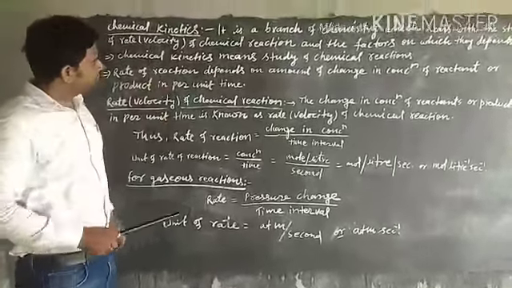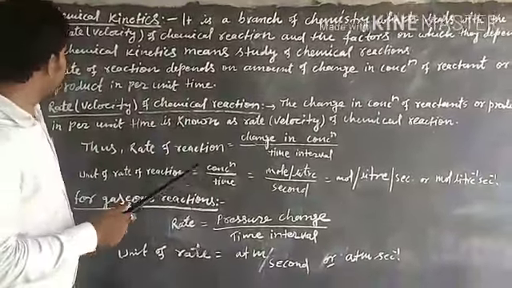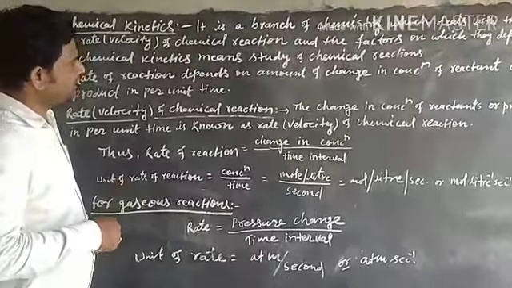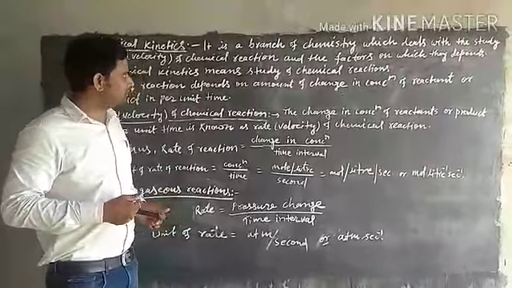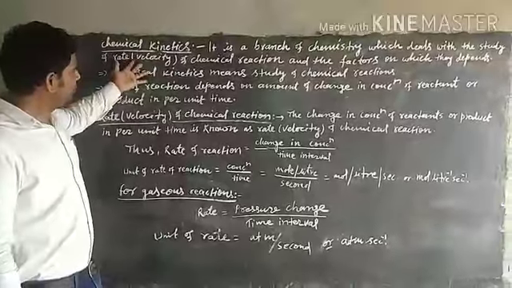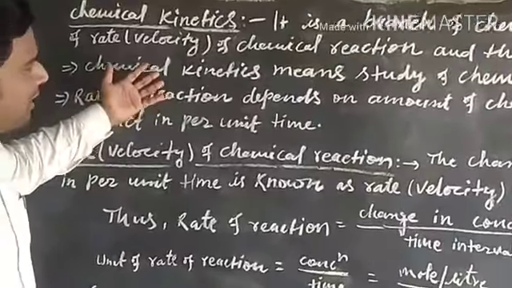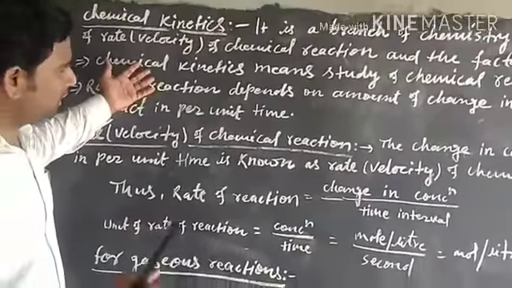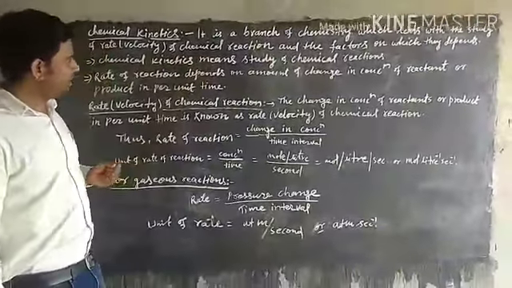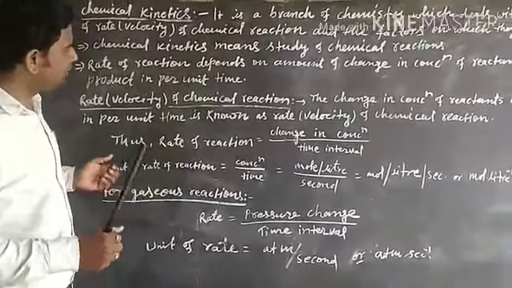Chemical kinetics is a branch of chemistry which deals with the study of rate or velocity of chemical reaction and the factors on which they depend. It means that in chemical kinetics, we will study at what speed, at what rate chemical reactions occur, and the factors on which it depends.